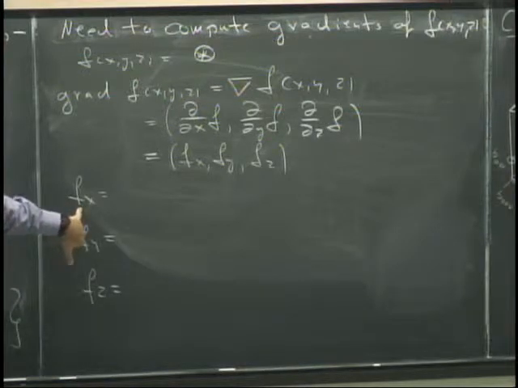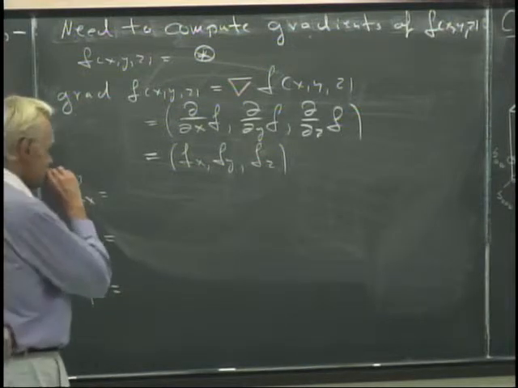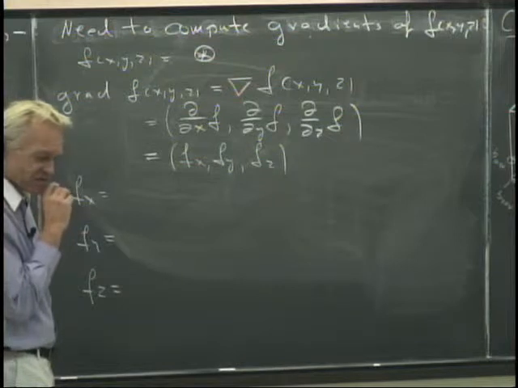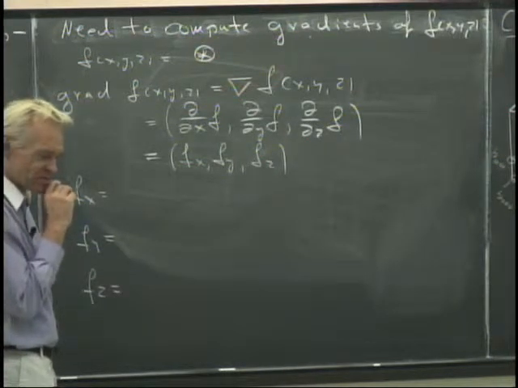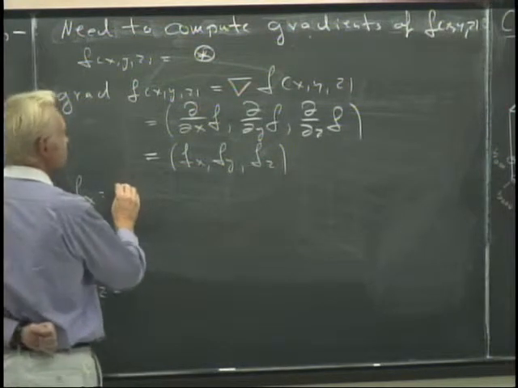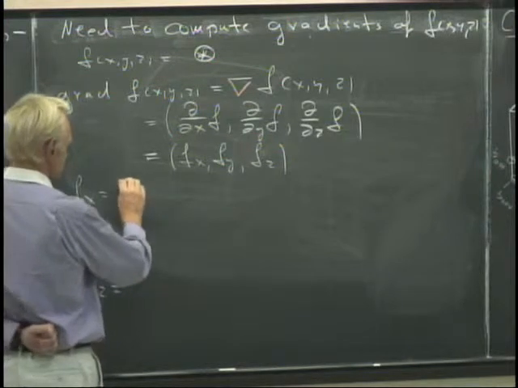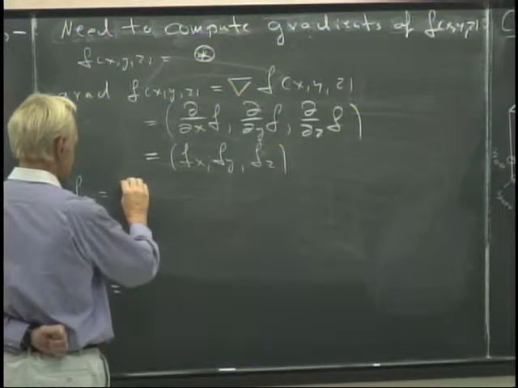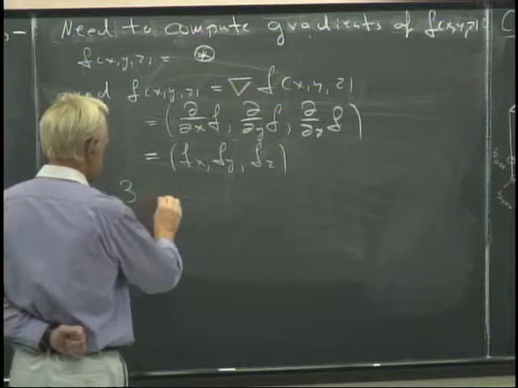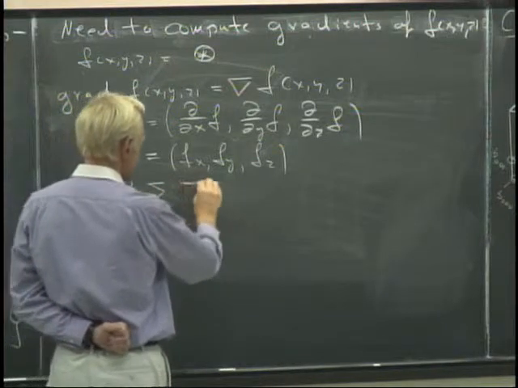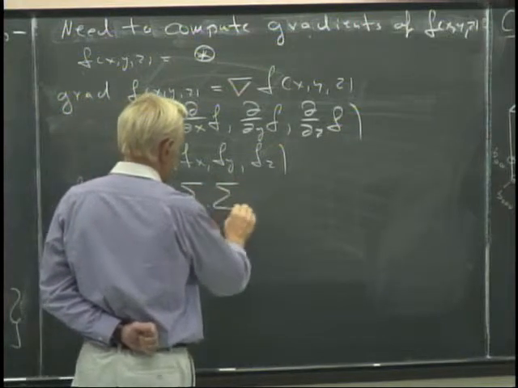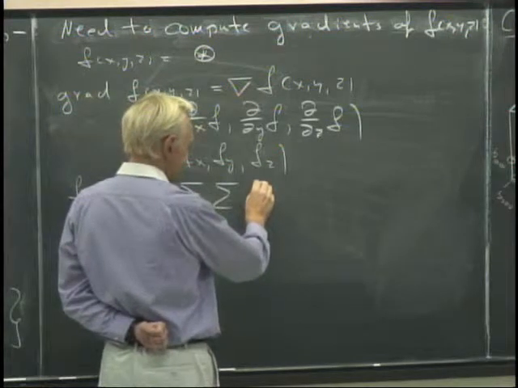So f sub x equals n times the sum of something, coefficients times Bernstein polynomials of 1 degree less, right? So it has to be, because our n is 3, something like 3 times 3 sums, and it's a difference, and now a difference in the x direction.